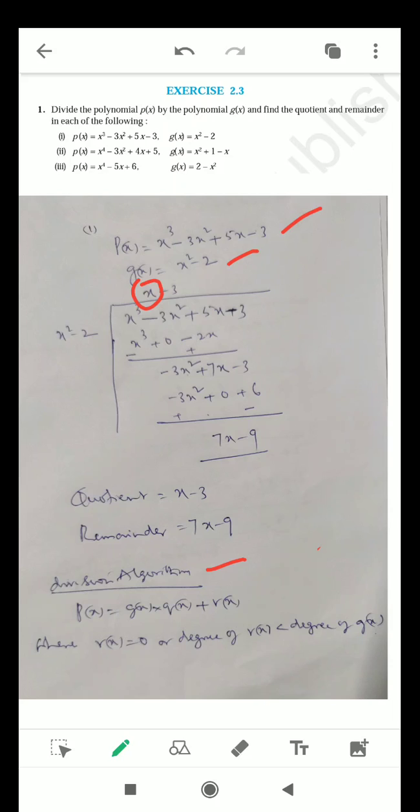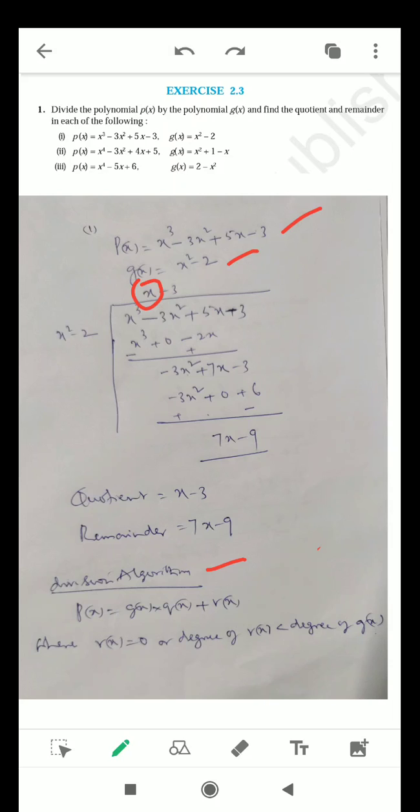So I have taken x, thinking that x cube will become 0. x into x square is x cube. Then x multiplies the whole x square minus 2, giving x cube minus 2x. Here I have written 0 because no x square term is coming.